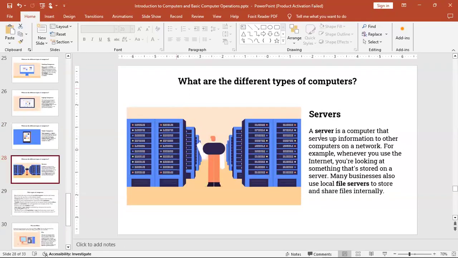We have servers. A server is a computer that serves up information to other computers on the network. These are very, very large computers, like those mainframe supercomputers. That's what we call servers.